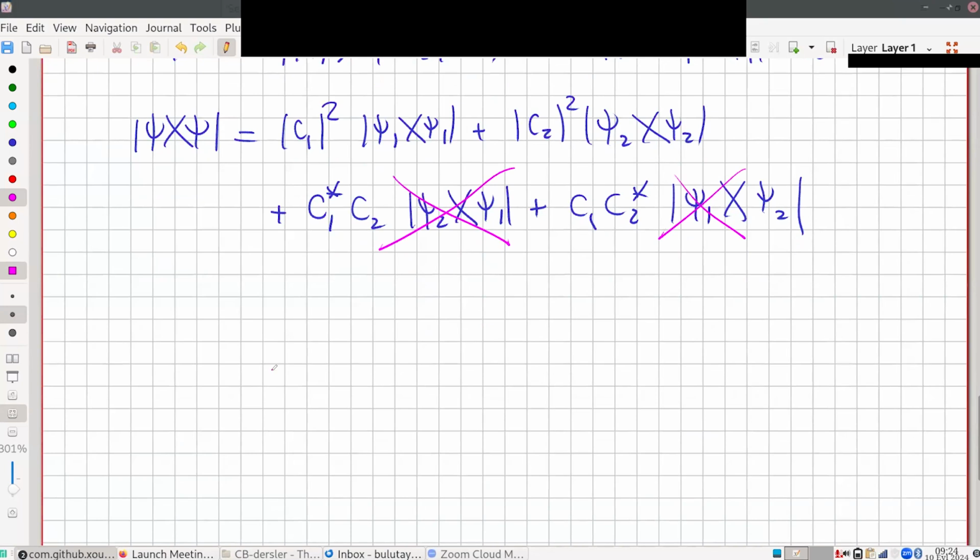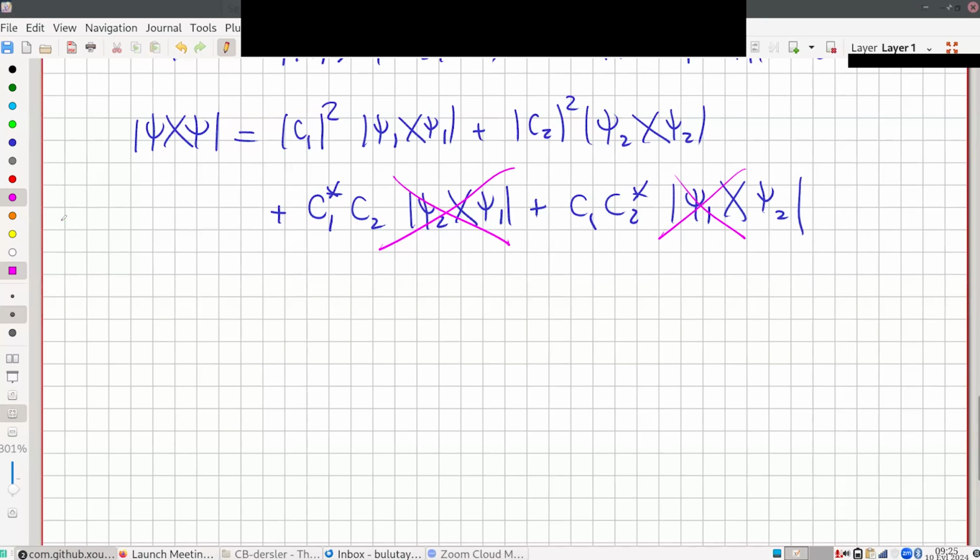Then let me just see what I should mention. I guess the most important part is in the notes, where you see some other simple examples, which you can take a look at.